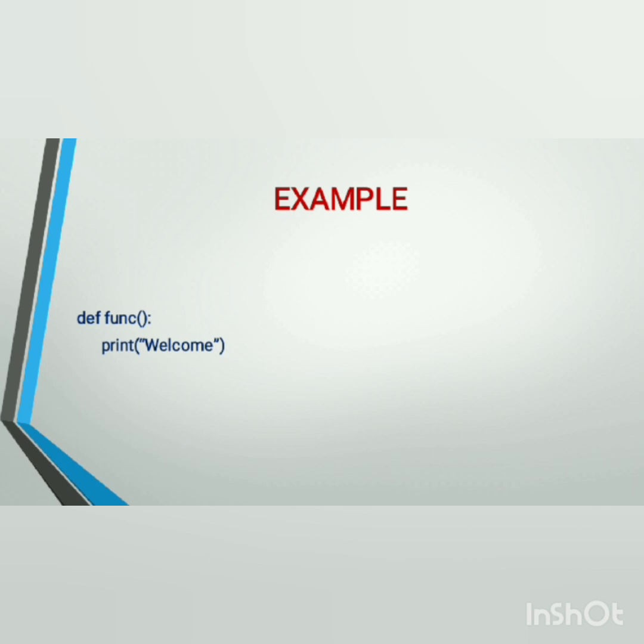At the end I have given a colon. Within this function I am writing a set of statements, but here I am giving only one statement. I have just used the print function. Within this print function I have given welcome. When you are running this code, welcome will be printed here, right? So this is the function definition.